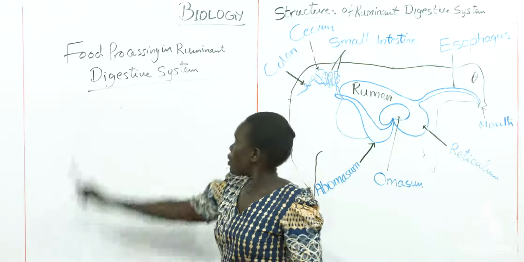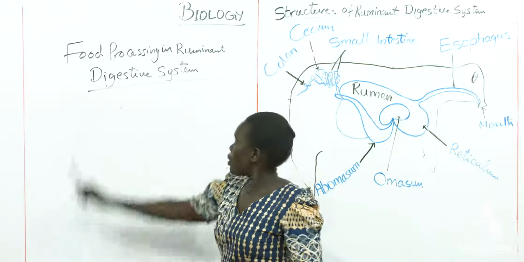The process of digestion in ruminants starts by chewing and swallowing the foodstuff. Then the first digestion starts at the first two rooms of the stomach, the reticulum and rumen.